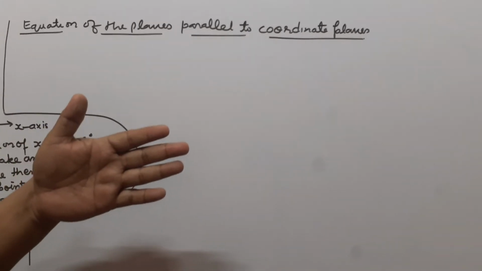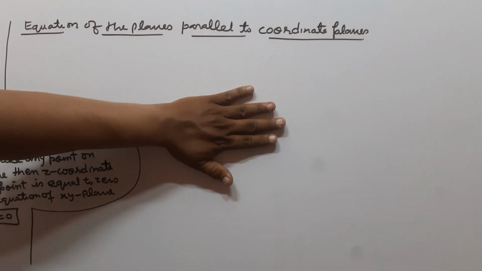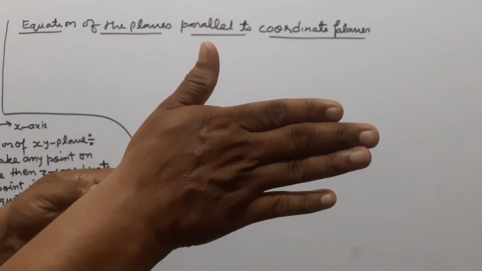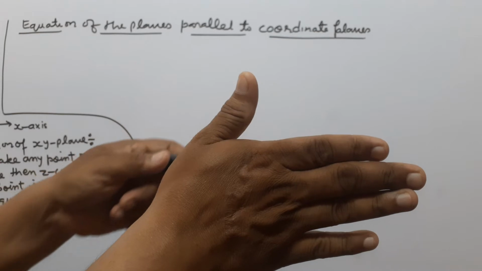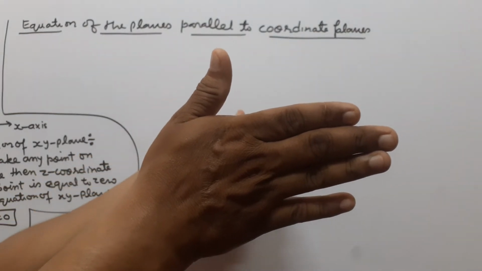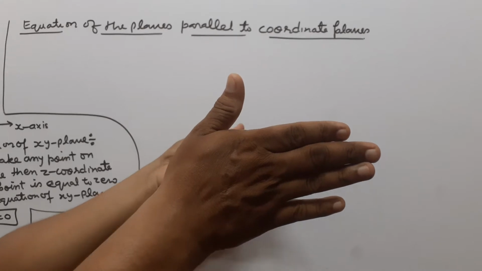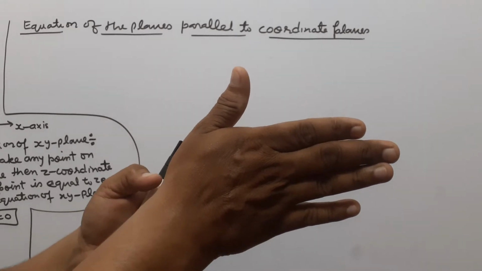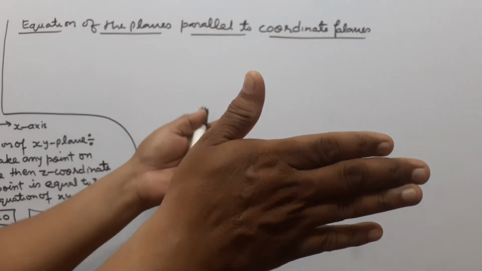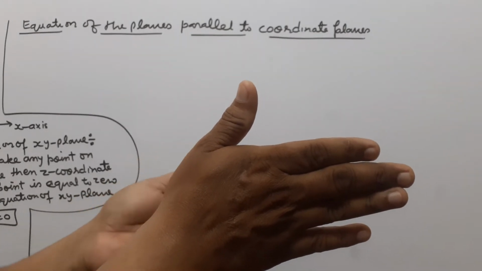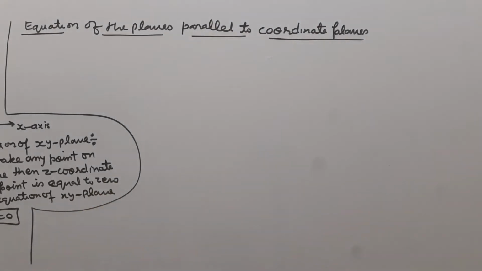Suppose this is the yz plane and this is the plane parallel to this yz plane, and this distance is a, so the equation of the plane parallel to the coordinate plane yz is x equal to a.